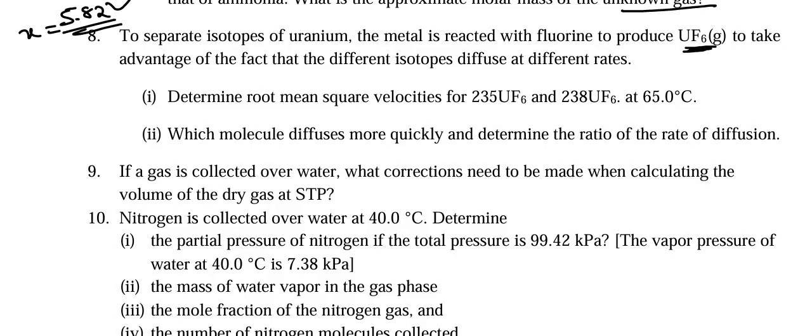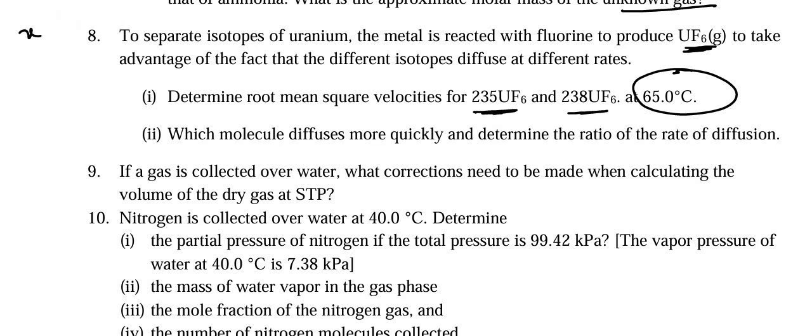This is uranium, to take advantage of the fact that the different isotopes diffuse at different rates. Determine the root mean square velocities of this first one and the second one at the same temperature, which is 65.